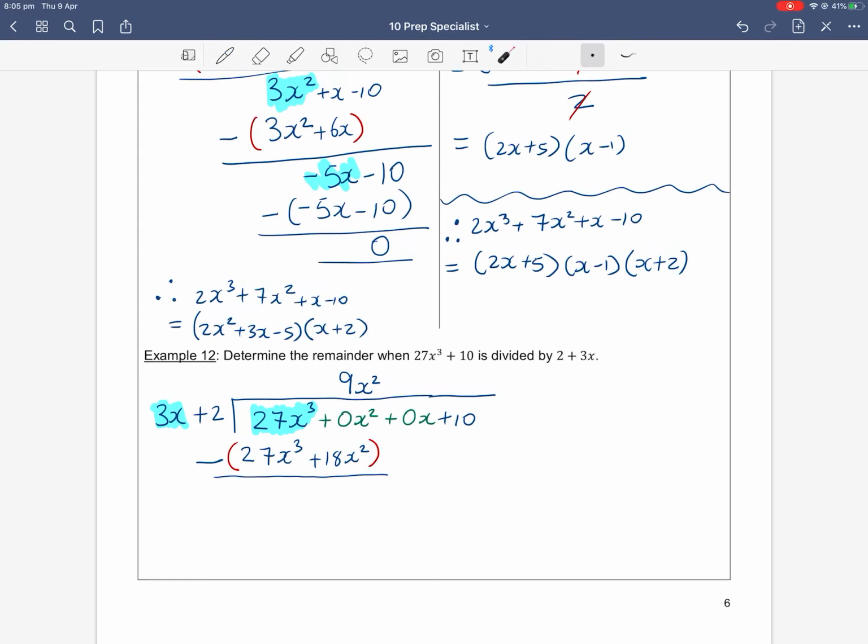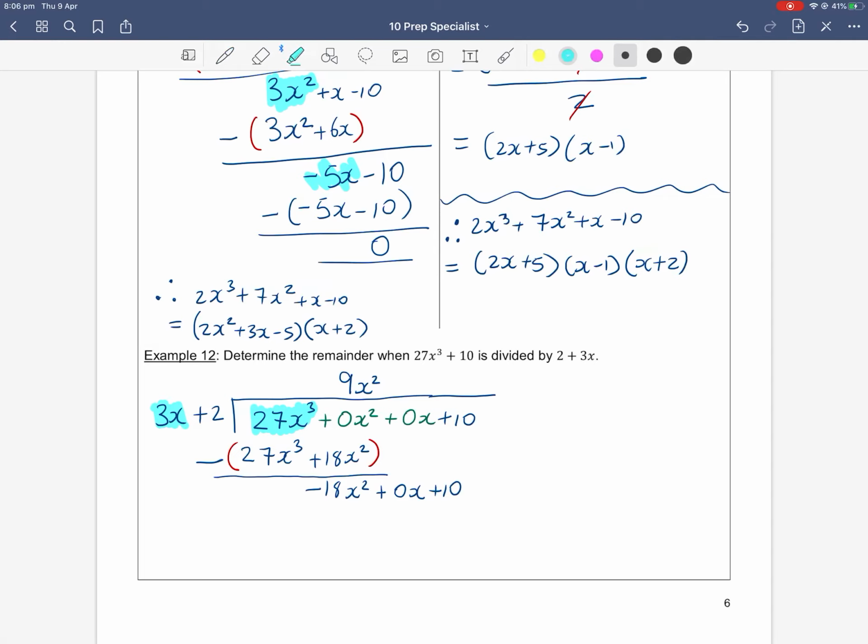So 27x cubed minus 27x cubed, it cancels for good reason. 0x squared minus 18x squared gives me a negative 18x squared. I carry down the remaining placeholders, so 0x and plus 10.